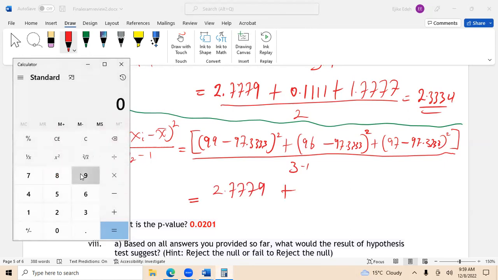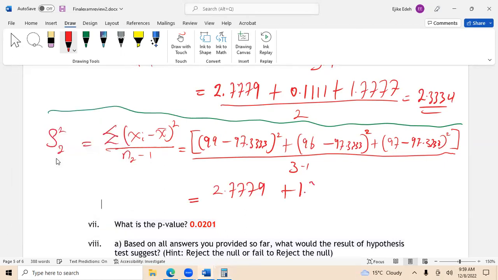We have 96 minus 97.3333. We have that value, we square it, we have, excuse me, 1.7777. Okay, so it's funny where these numbers are recurring, but in different locations. Pure coincidence.